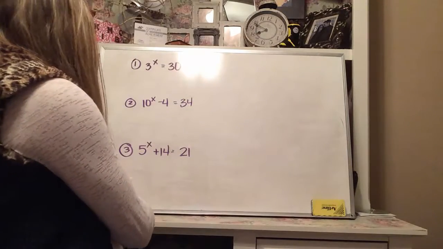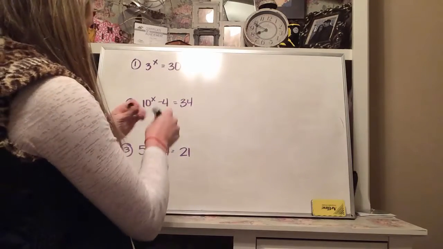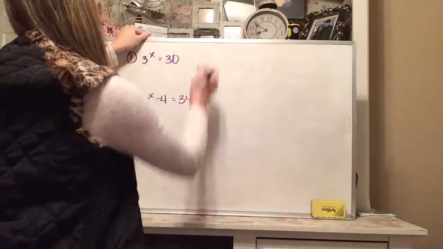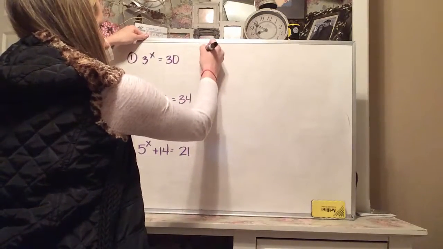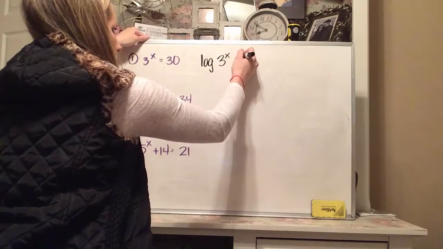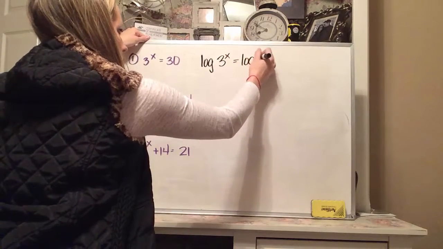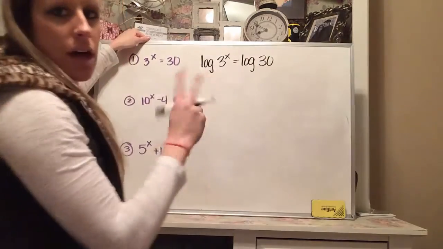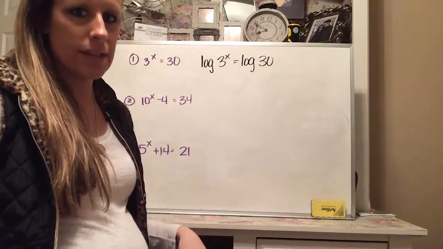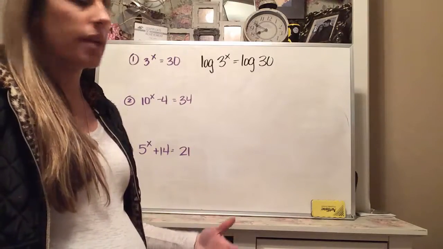Okay, so we take the log of 3 to the x power equals the log of 30. So I took the log of both sides. If I want to solve for x, this is what we did last week.